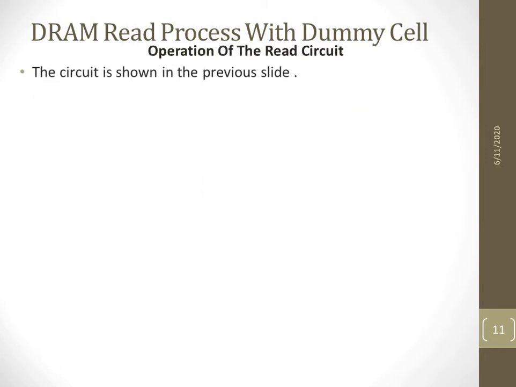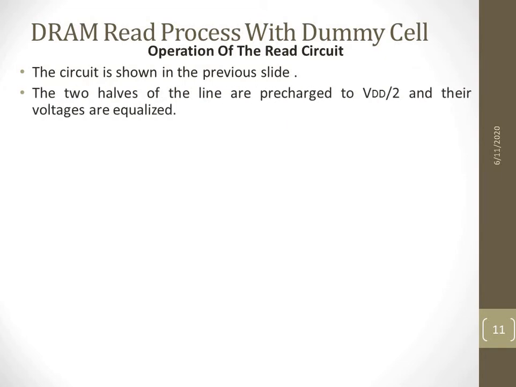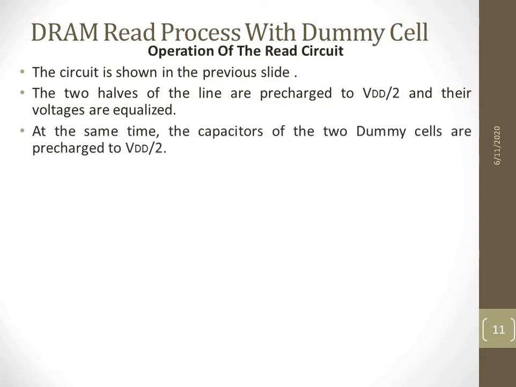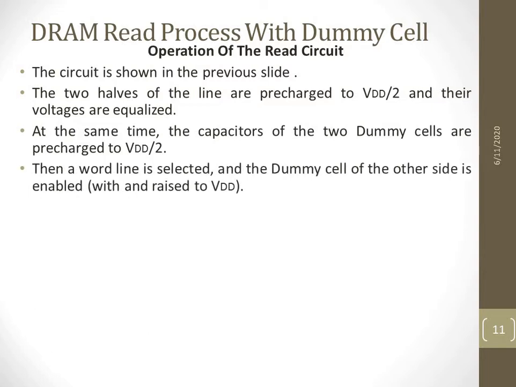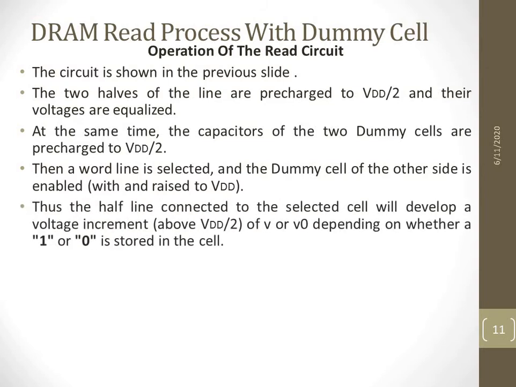The circuit shown in the previous slide, again I am going to show you its read operation. The two halves of the line are pre-charged to VDD by 2 and their voltages are equalized. At the same time, the capacitors of the two dummy cells, one on the left and one on the right, are also pre-charged to VDD by 2. Then the word line is raised. The horizontal word line is selected and the dummy cell of the other side is enabled, which is raised to VDD.